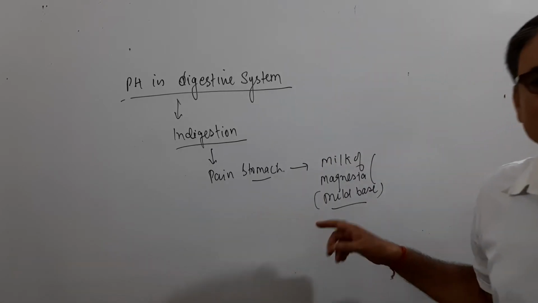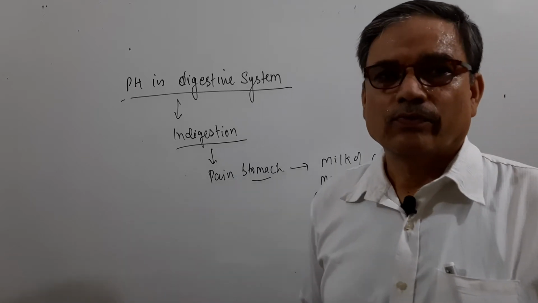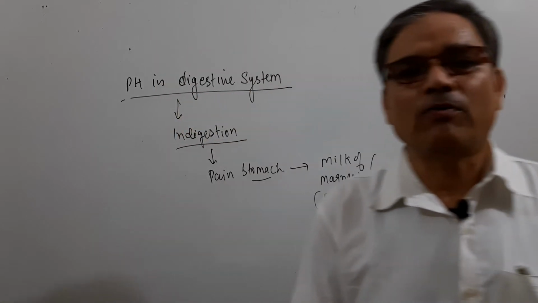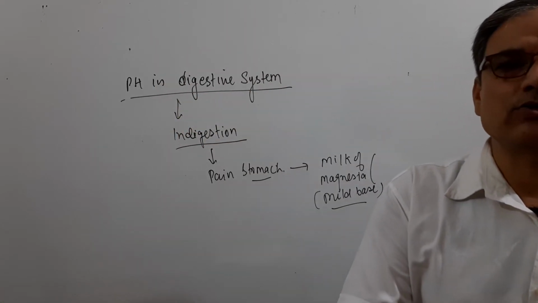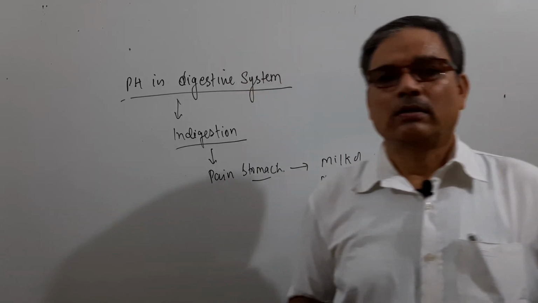Therefore this milk of magnesia is also known as an antacid. Milk of magnesia means magnesium hydroxide, which acts as an antacid to reduce the effect of acid in our stomach.